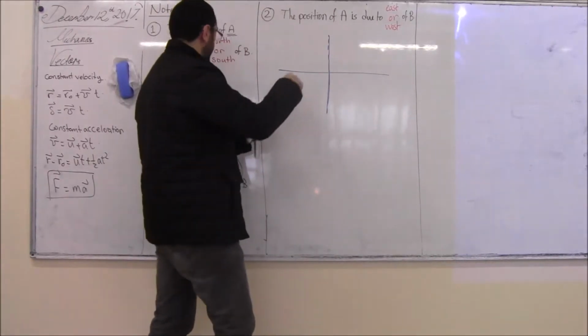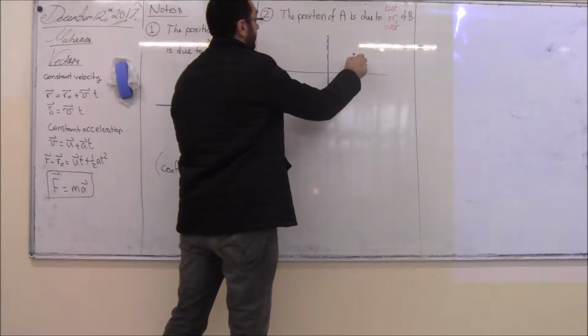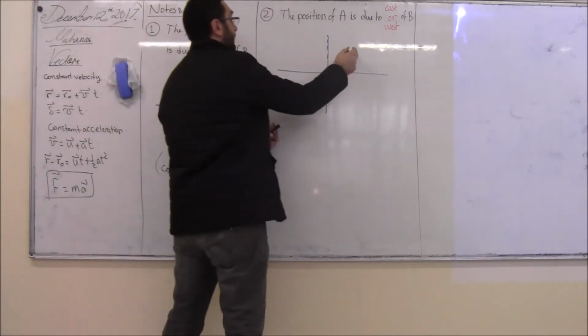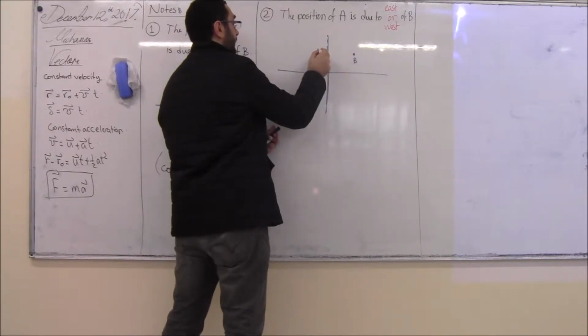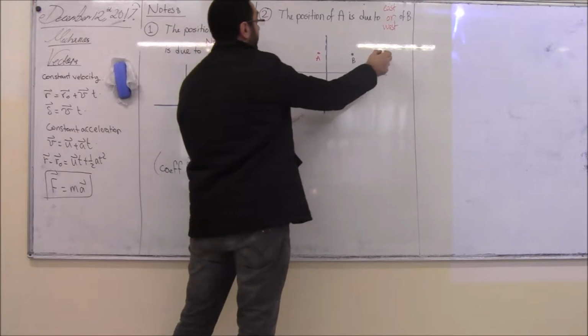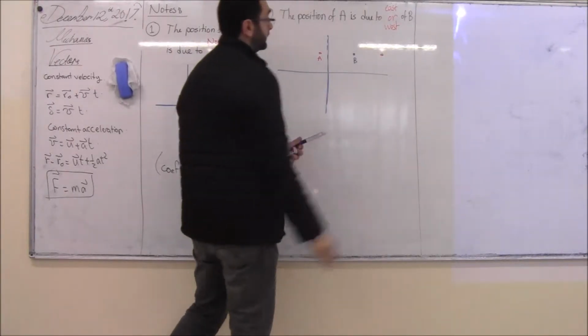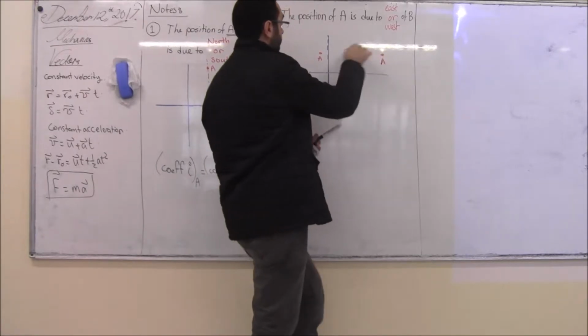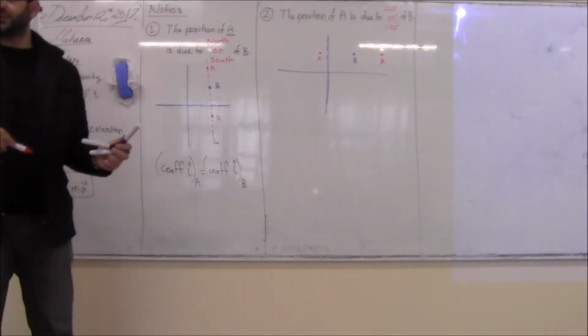Let's say B is somewhere here, right? So A is either here, if it's due west, or here, if it's due east of B. A might be here or here, based on east or west.